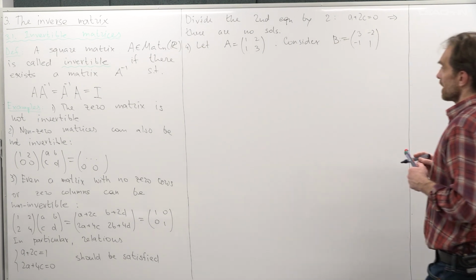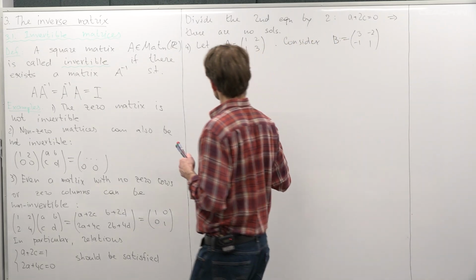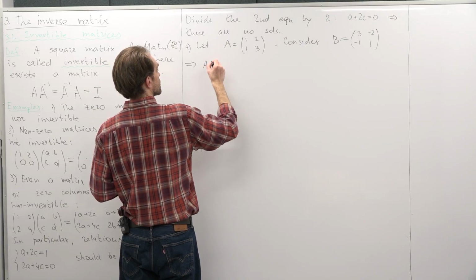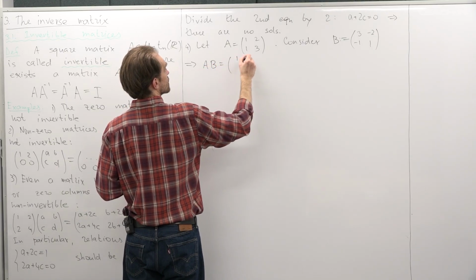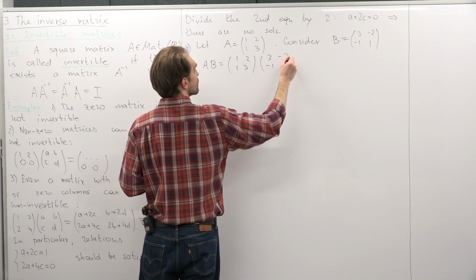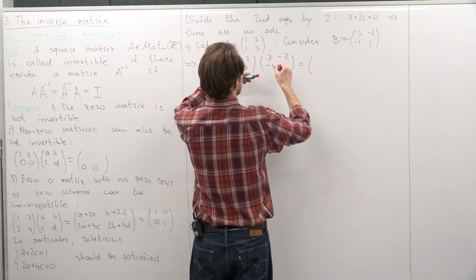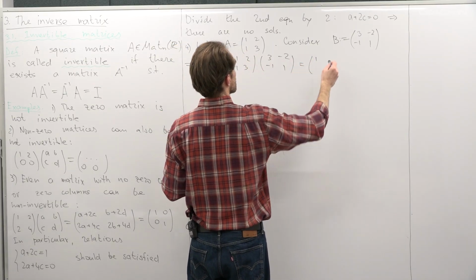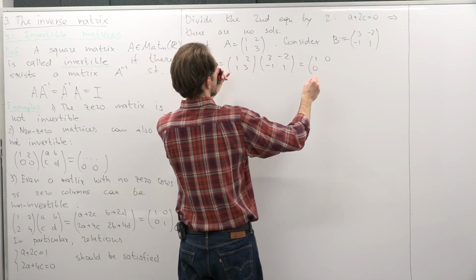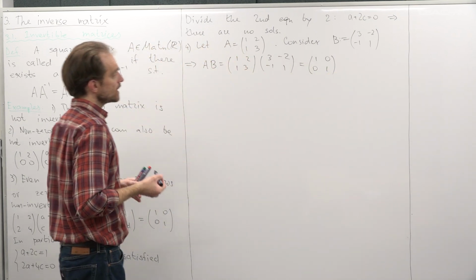So let us multiply these two matrices in both possible orders and see what happens. So A multiplied by B is 1, 2, 1, 3 multiplied by 3, minus 2, minus 1, 1. So what do we get here? We get 3 minus 2, which makes 1. Then we get 0. Here we have 3 minus 3, also 0. And here we have minus 2 plus 3, 1. So this is the identity.